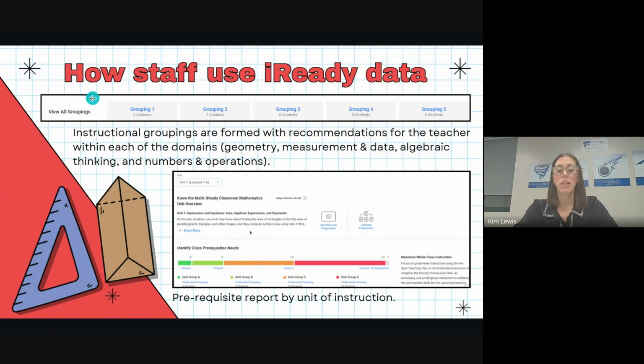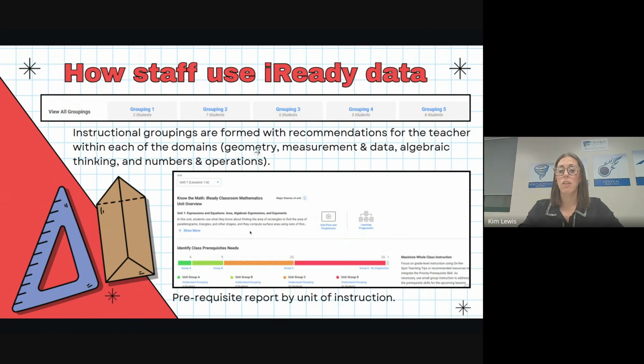So when we get the data for each of those tests, staff have the ability to look at their classroom data, and the program does group students. Obviously I don't have names on here, but you can see in group 1 there are 2 students, group 2 has 7 students, and so on.